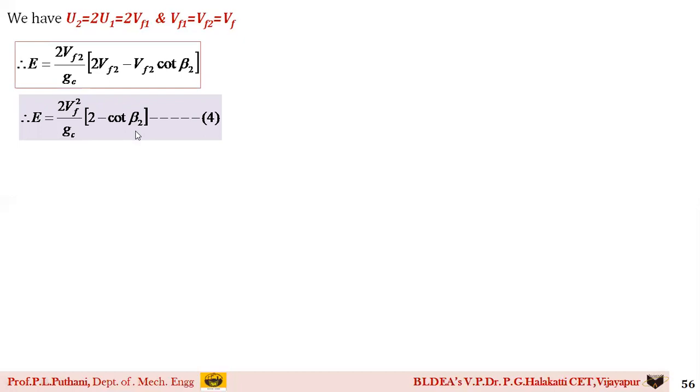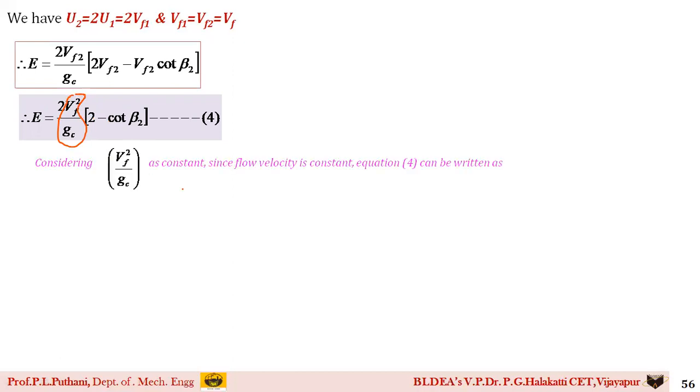But if you observe carefully, this flow constant term, vf square by gc, is a constant whose value is very small, so you can neglect it. If I neglect this flow velocity constant, then equation 4 becomes E is equal to 2 into 2 minus cot of beta 2.